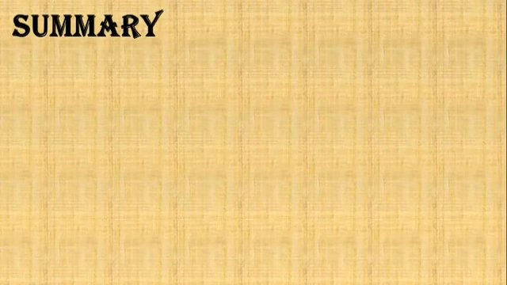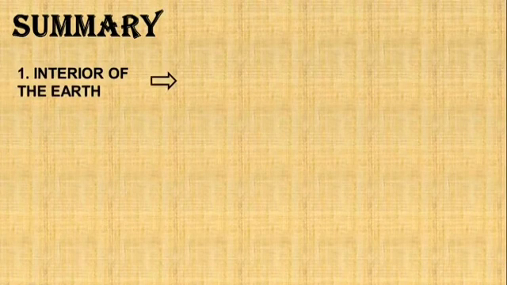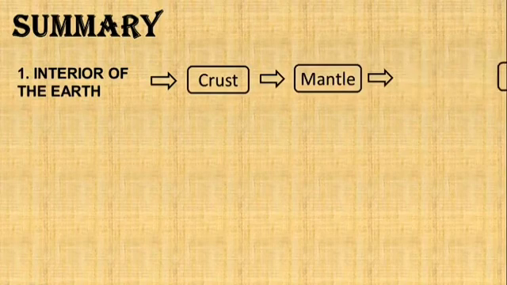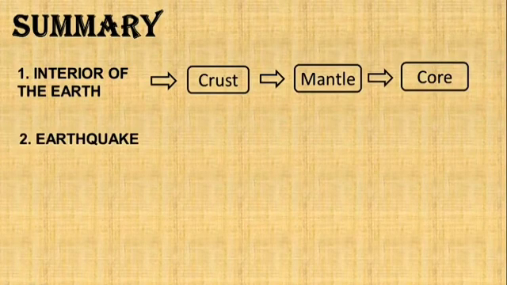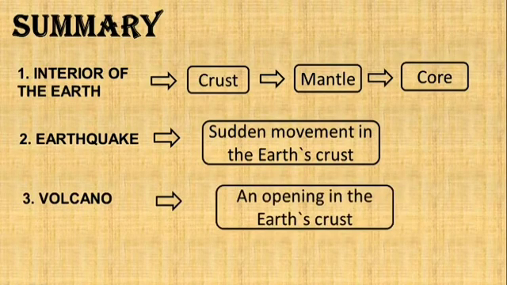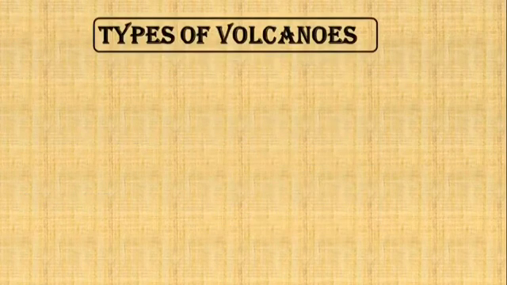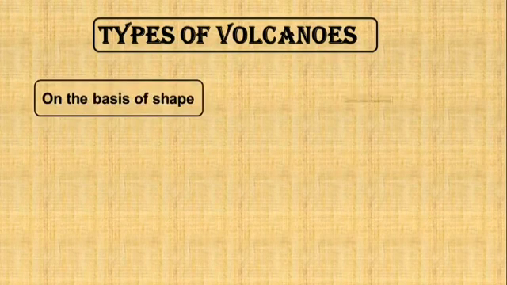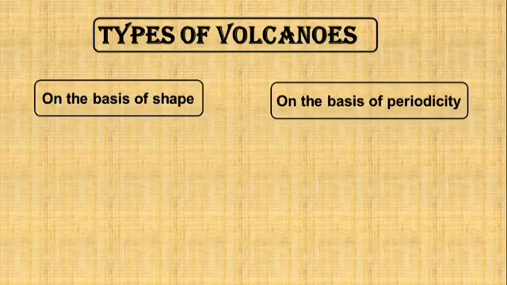Let's conclude our lesson by summing up. In this lesson, we saw that the interior of our Earth consists of crust, mantle, and the core. And we saw that an earthquake is a sudden movement in the Earth's crust. Next, volcano, which is a vent or opening in the Earth's crust, where the volcanoes are divided into two types on the basis of shape and on the basis of periodicity.